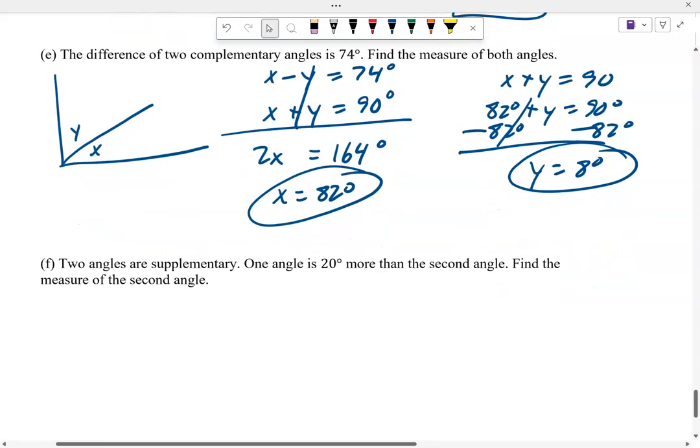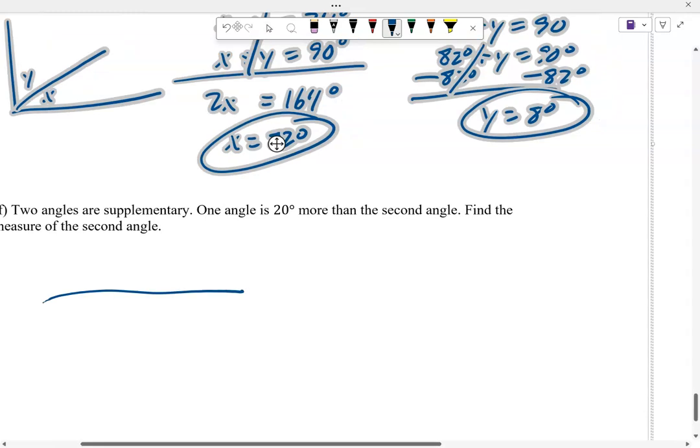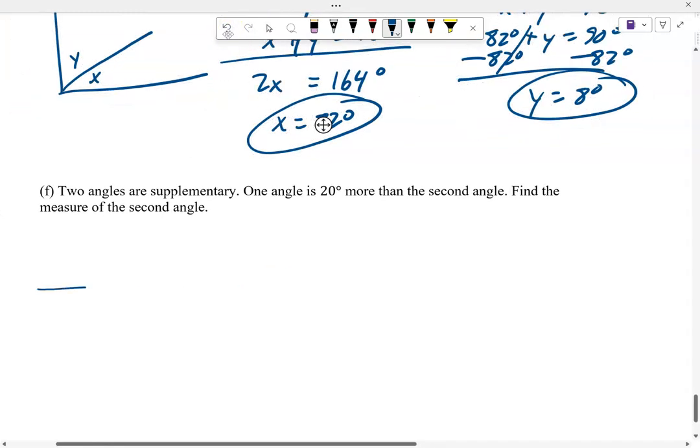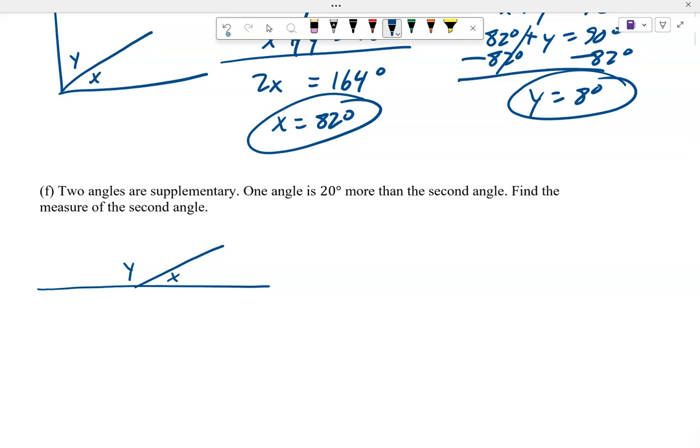Last one here, two angles are supplementary. One angle is 20 degrees more than the second angle.